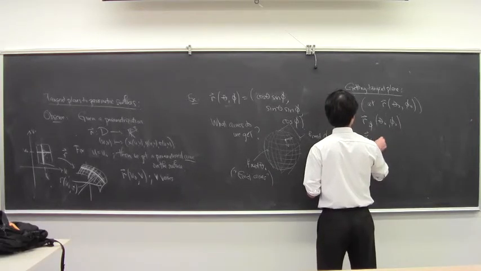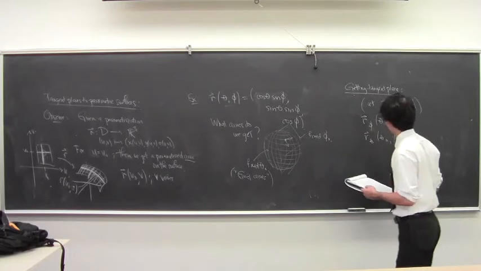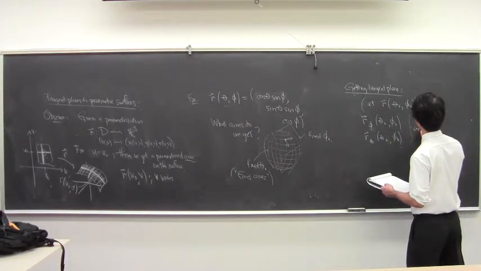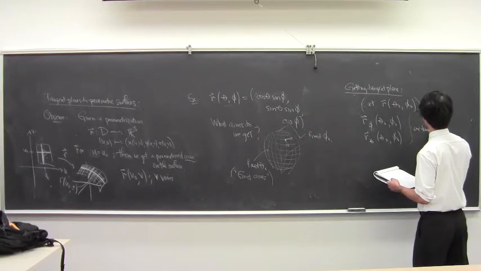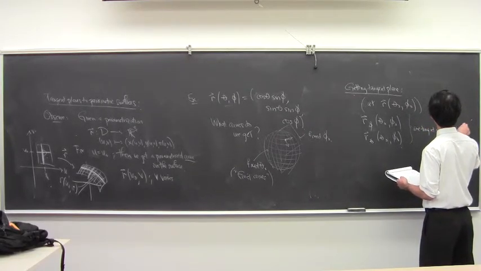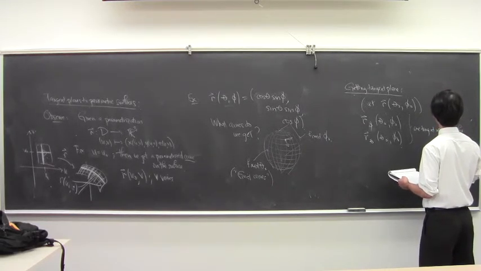I'm going to take the partial with respect to the other variable. These guys are tangent vectors to the sphere, to the surface at r of theta naught, phi naught.